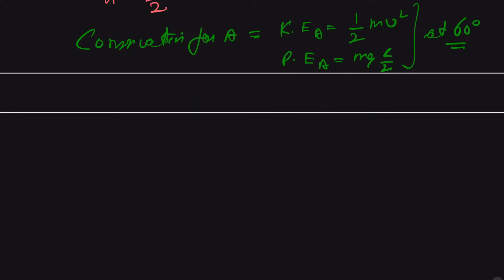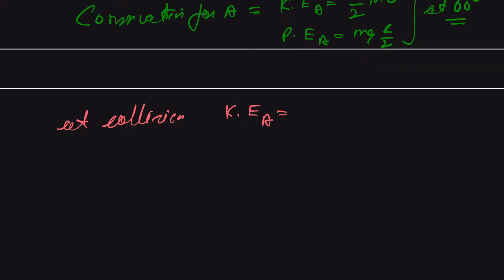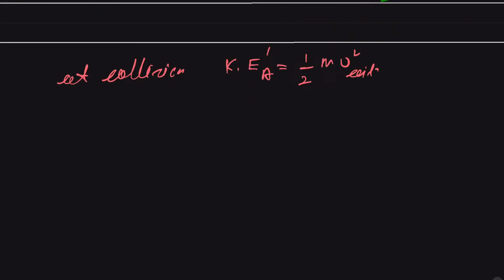At collision it is going to have only kinetic energy, let us call this prime, and this will be half m v square collision, and we can equate them.